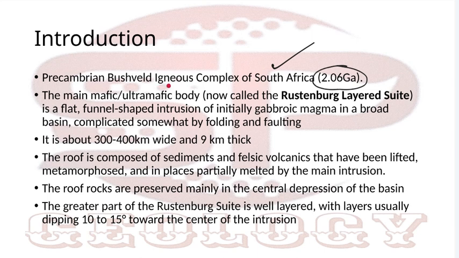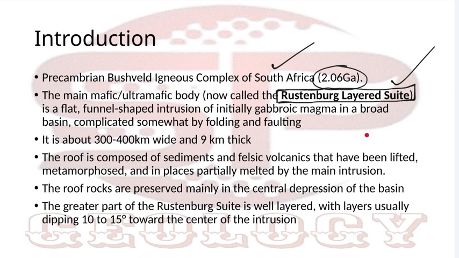But the unit which is exposed and remained flat is known as the Rustenburg Layered Suite. This is the major part of the complex. The Bushveld complex is a very huge area, but the majority is beneath the surface, and the most exposed part, the flat one, is called the Rustenburg Layered Suite.